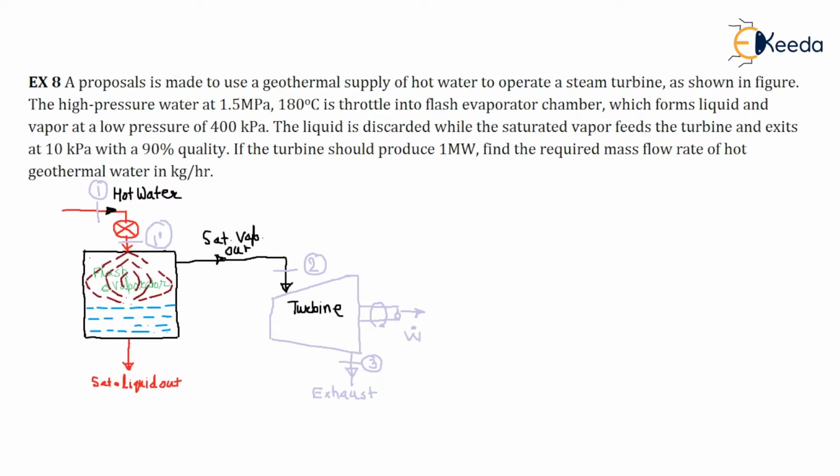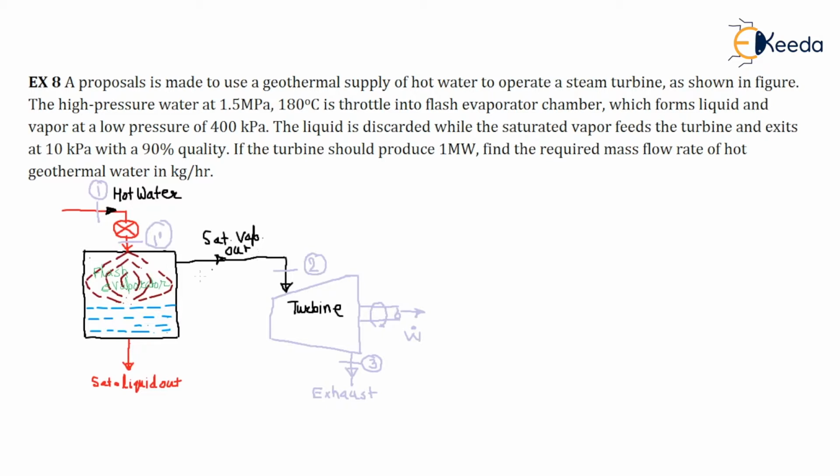A proposal is made to use a geothermal supply of hot water to operate a steam turbine, as shown in the figure. The high pressure water at 1.5 megapascal and 180 degrees centigrade is throttled into a flash evaporator chamber.